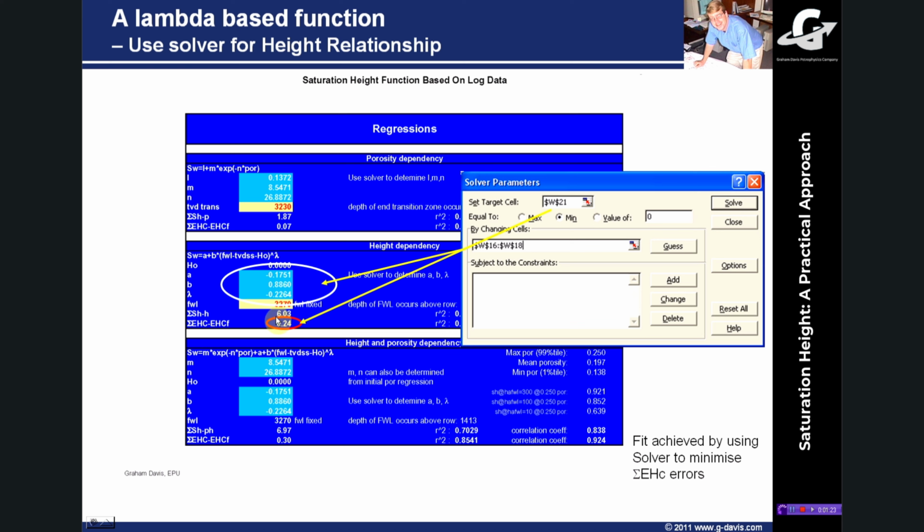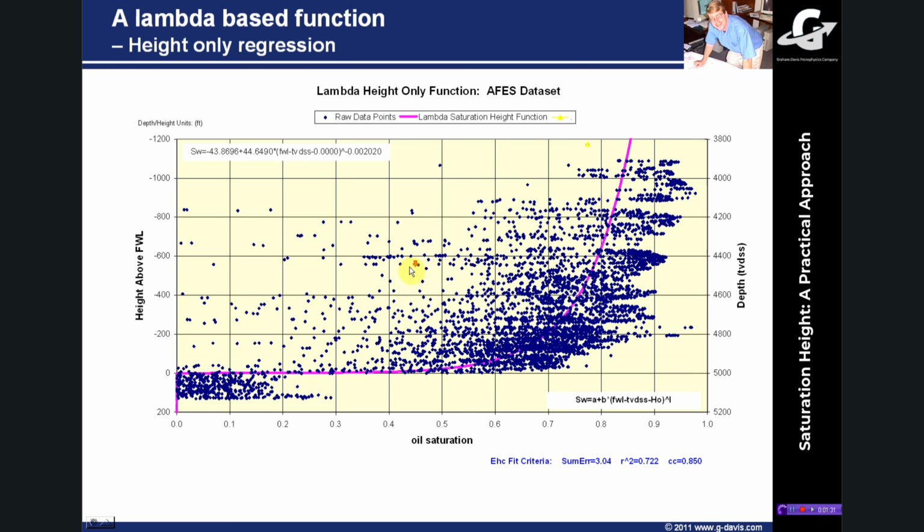We take the difference and we try and minimize this difference by changing these coefficients in the equation, and then the resultant curve we get, the equation of this line here, is given here again from the annotation sheet automatically, and you'll see that this is just a function of height above the free water level. There's no porosity term in there.